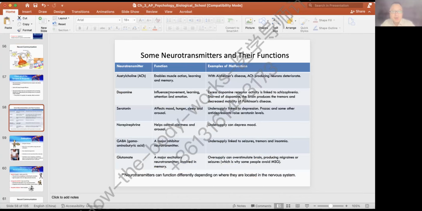Just remember there are two kinds of neurotransmitters. One is positive or excitatory, and another is inhibitory.